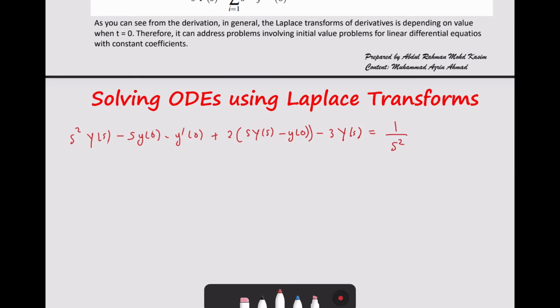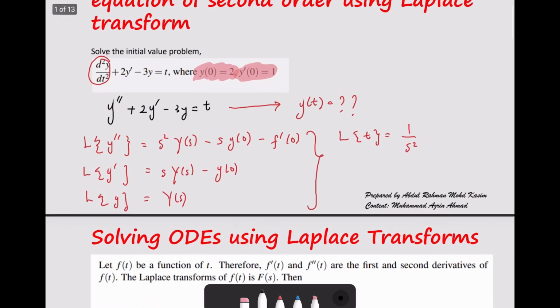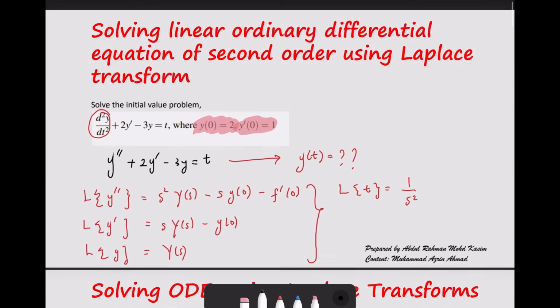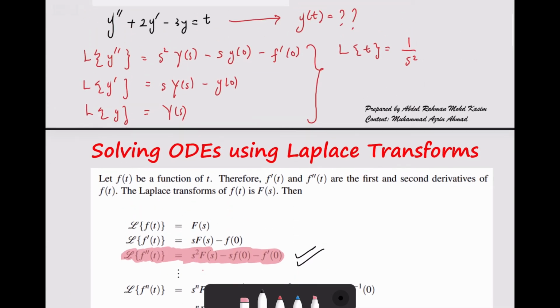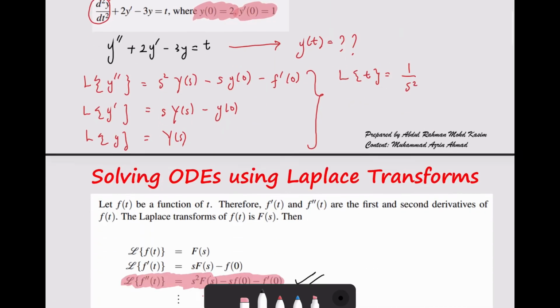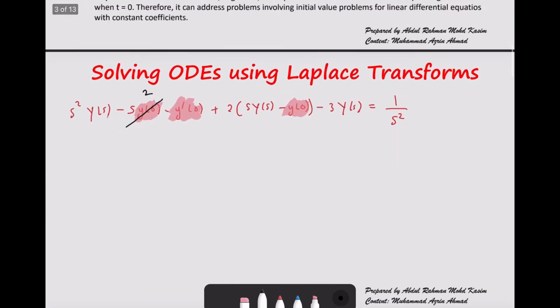Look at here, you can replace the boundary conditions over here. What is your boundary condition for y(0)? The y(0) is 2, and y prime(0) is 1.